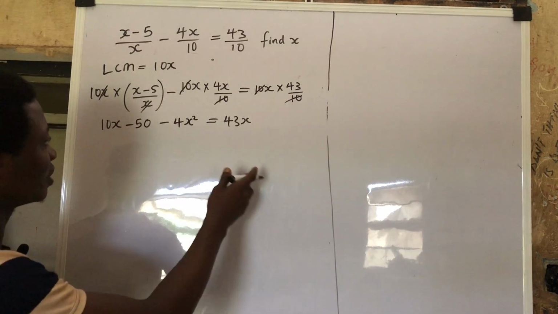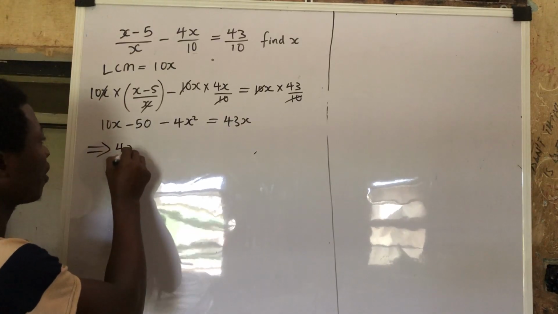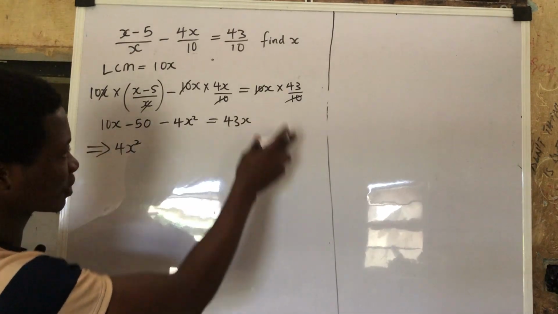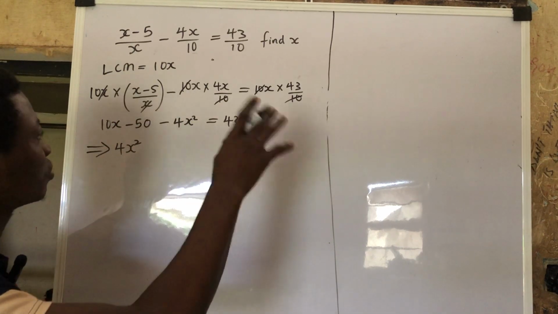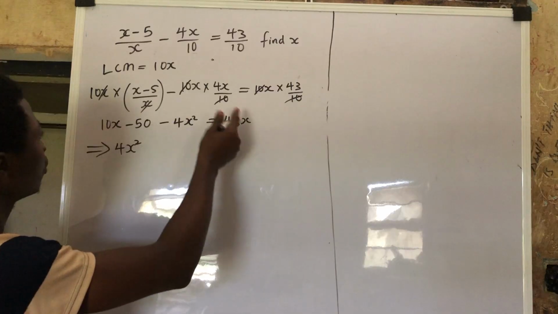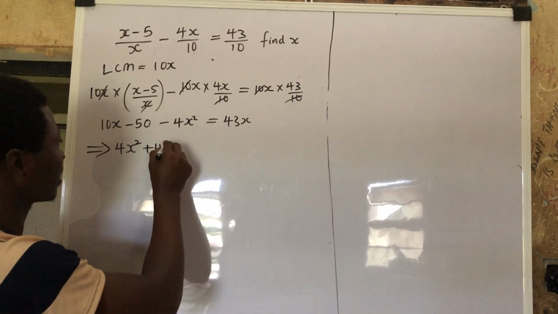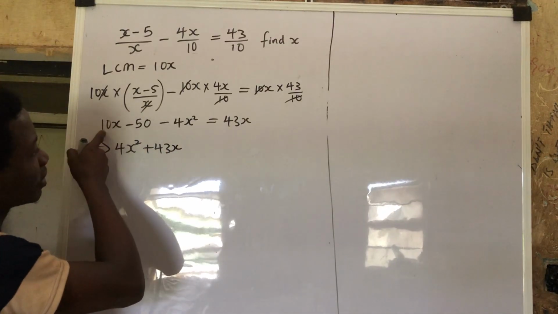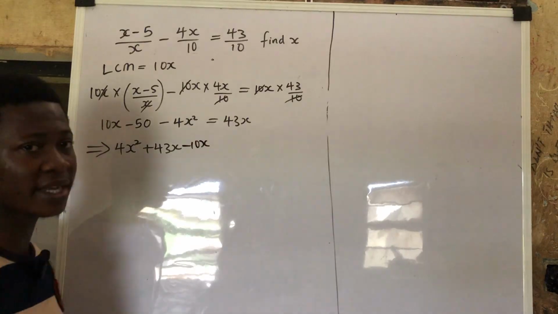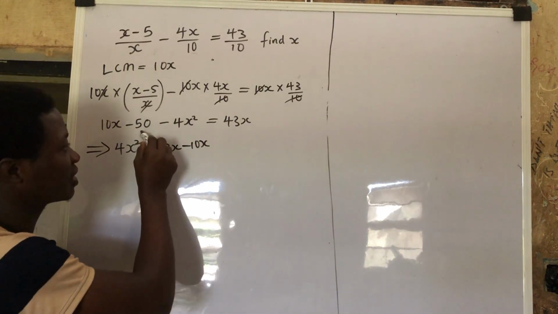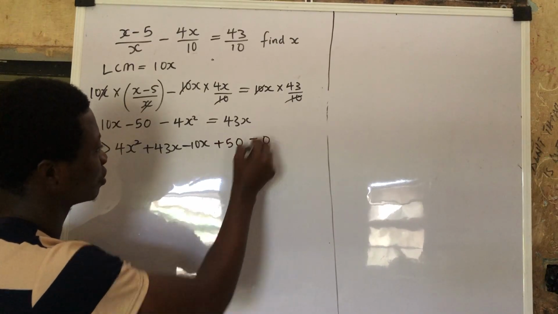If you add 4x squared to both sides, since it's minus 4x squared, we have 43x already here, so that will be plus 43x. We have plus 10x, so by the time we move it to the other side, it becomes minus 10x, right? Now we have minus 50, we'll move it to the other side, we have plus 50 equals to 0.